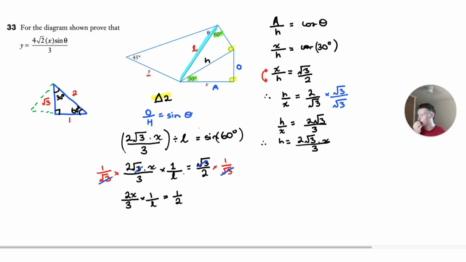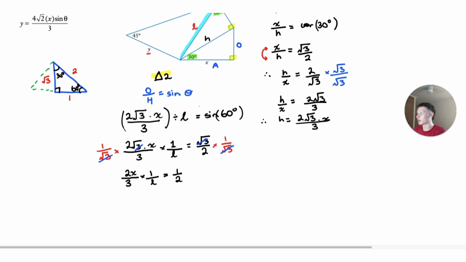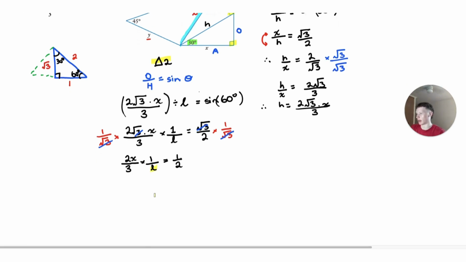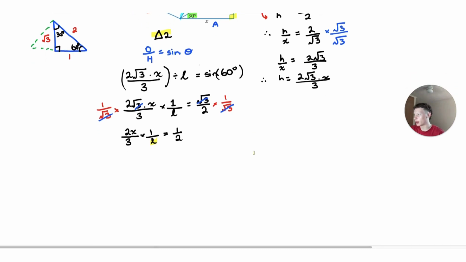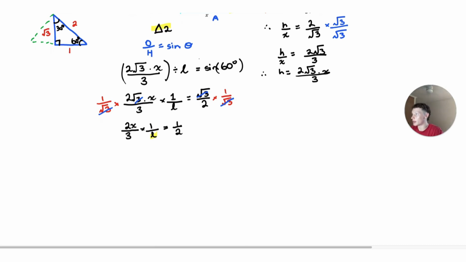So that's cool. What I want to try and do now, we've got to rescue this L. It's kind of trapped underneath here. We need to isolate it. There's a few options here. We could look at doing the reciprocal again, but what I might start with first is actually multiplying both sides by this entire component. So what that'll look like is 3 over 2x multiplied by everything.